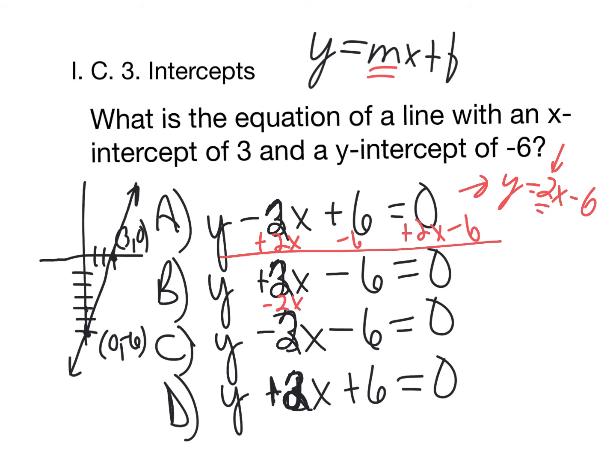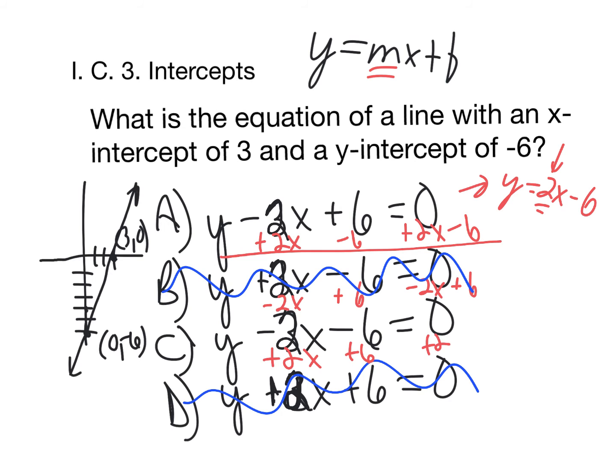On the second one, we'd be subtracting 2x. So our slope actually would be -2 for that one. So this does not have a positive slope, so that doesn't work. And so D would be the same thing. C would be the same idea as A. We would add 2x and add 6.